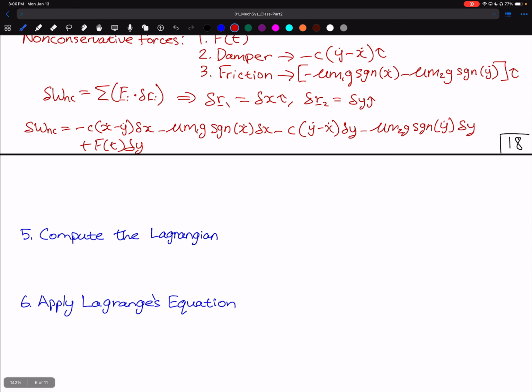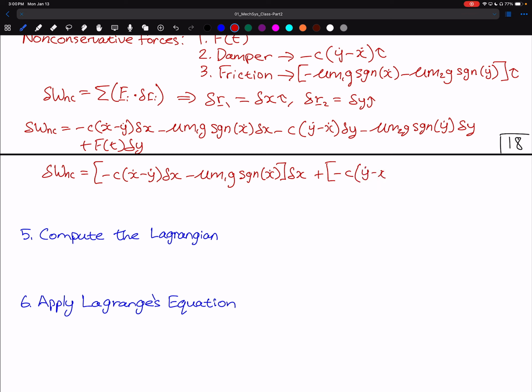So we can then group like terms, and we'll find that delta W_NC is equal to the quantity minus C times (x dot minus y dot) minus mu m1 g times the signum of x dot, all of that times delta x, plus the quantity minus C times (y dot minus x dot) minus mu m2 g times the signum of y dot plus f of t, multiplied by delta y.